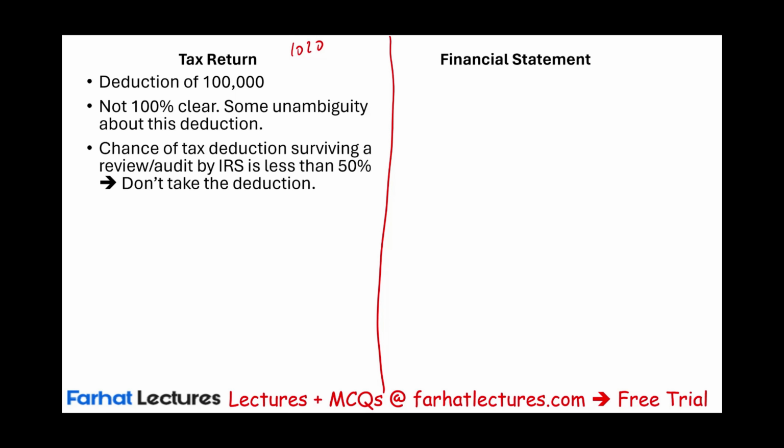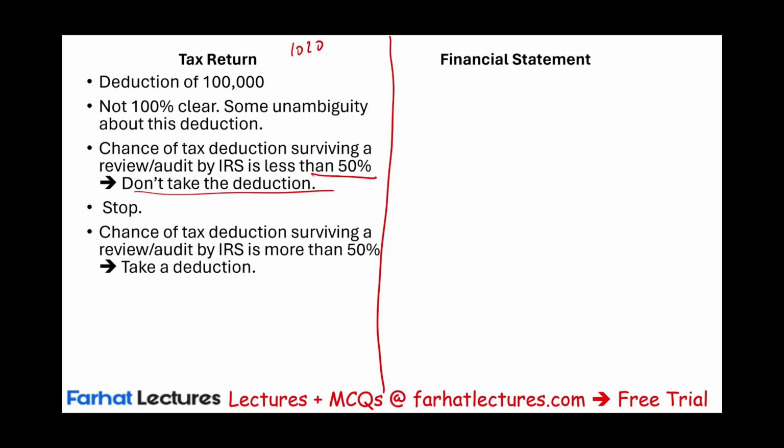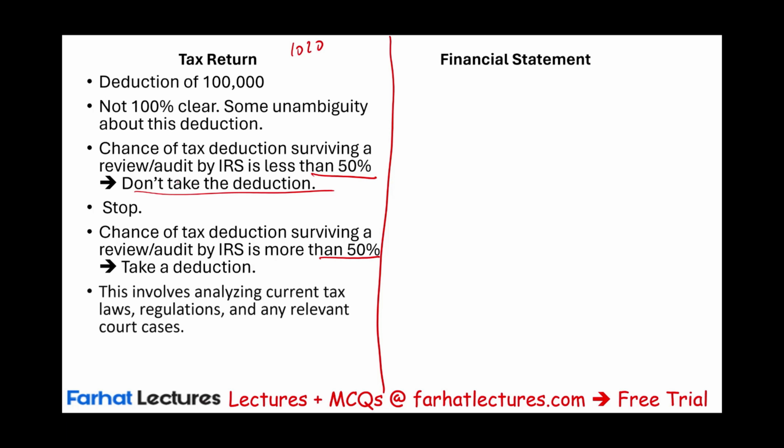So, if the chance of this deduction surviving a review or an audit by the IRS is less than 20%, don't take the deduction. We stop if there's any less than 50%. If the chance of the deduction surviving a review or an audit by the IRS is more than 50%, you're going to take the deduction, that's fine, and you have to do something on the financial statement.